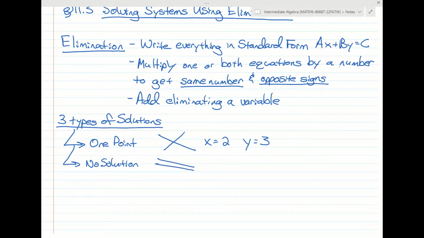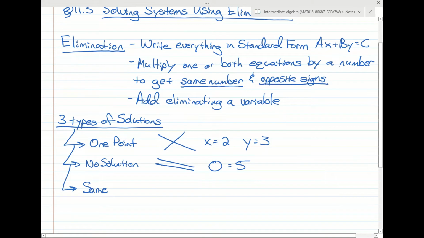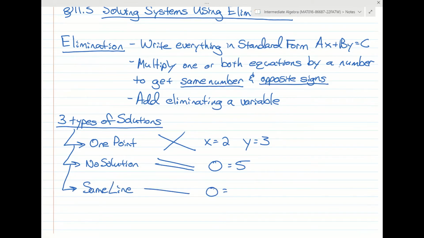When you go to solve this, you get something weird like 0 is equal to 5, or some answer that doesn't make sense. We talked about that in our last class. The third type of answer we can get is the same line, which would give us 0 is equal to 0. Those are the three different types of solutions we can get using elimination. What I'll do is maybe I'll show you 4 examples, and then we'll move on to something else.